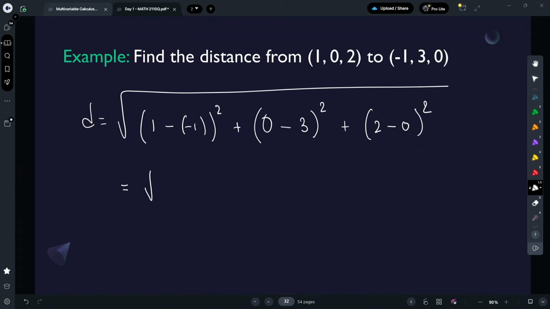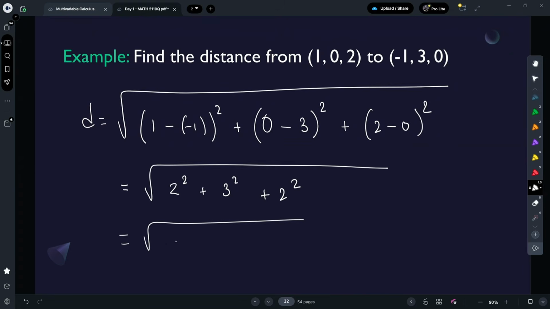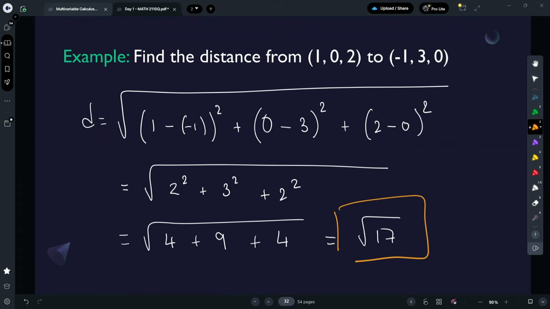All right, so this is the square root of 1 minus 1, that's 2. So 2 squared plus 3 squared plus 2 squared. So it is the square root of 4 plus 9 plus 4. 8 plus 9 is 17. So the final answer is the square root of 17. Right? Okay.